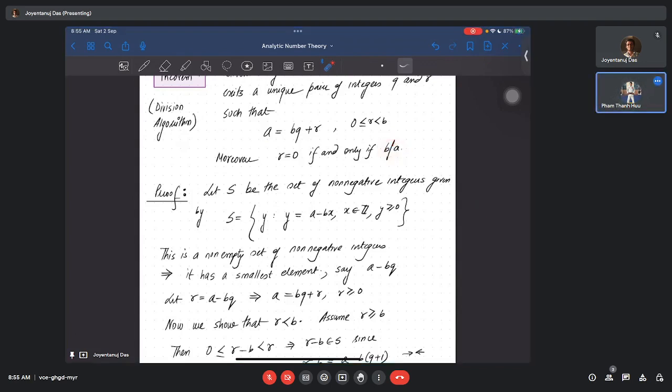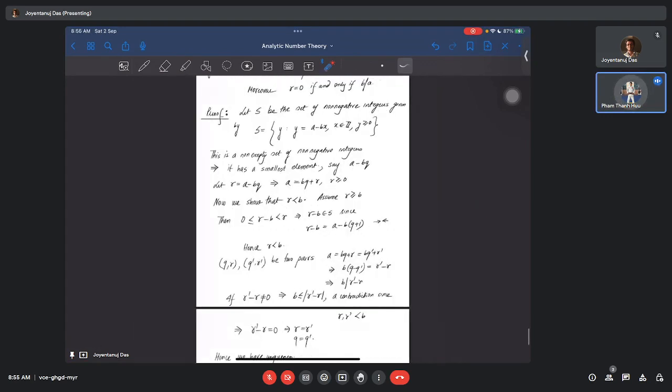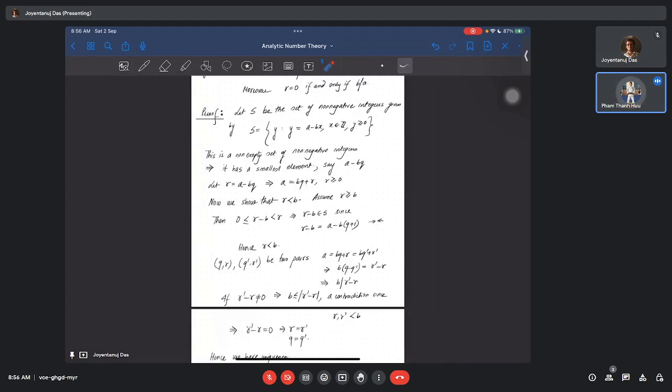Right. The construction is r less than b, r minus b equal to a minus b(q plus 1).